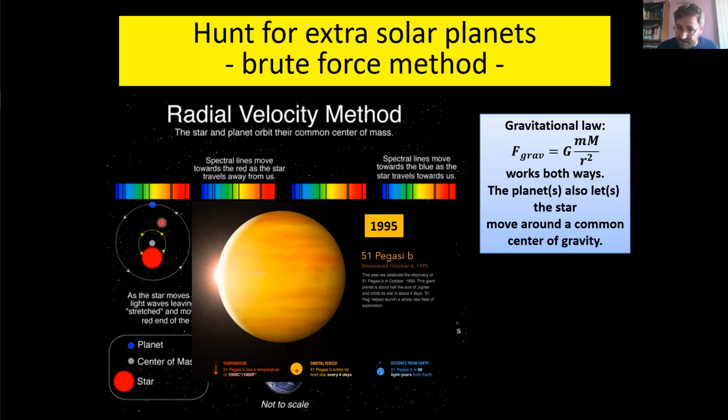Of course, the condition is the line of sight. The observer must be in the orbital plane, or it's best if you're in the orbital plane. The effect is less and less pronounced, and then vanishes when you look 90 degrees onto this plane.